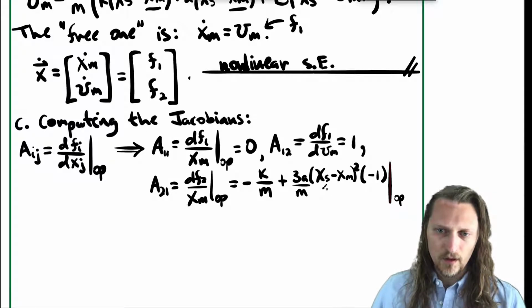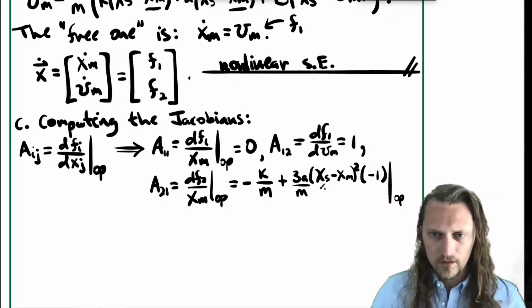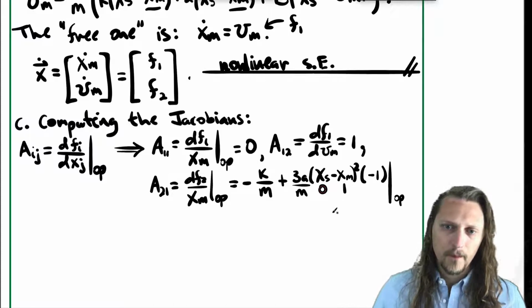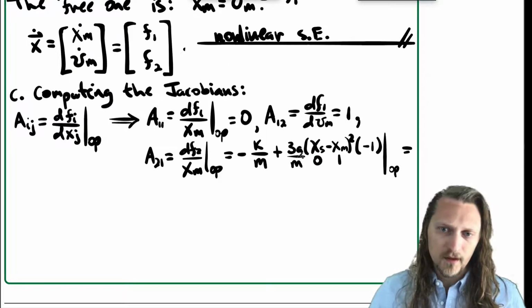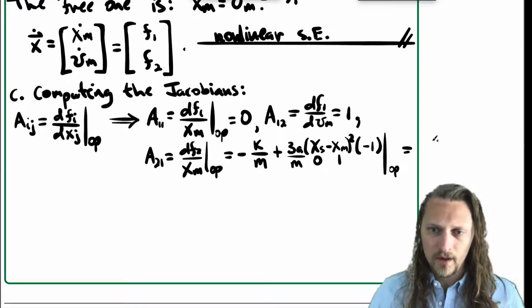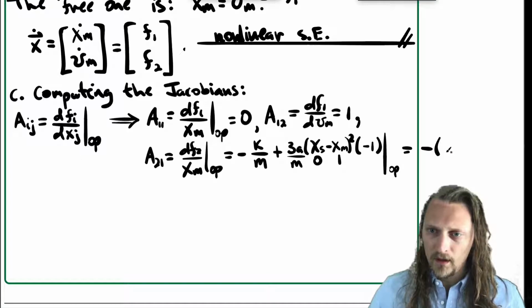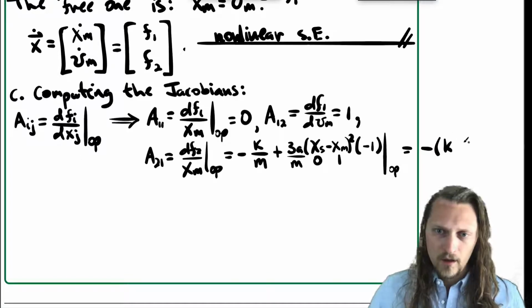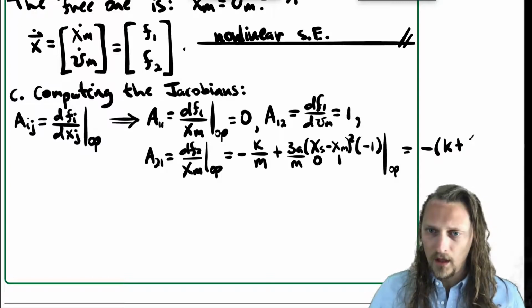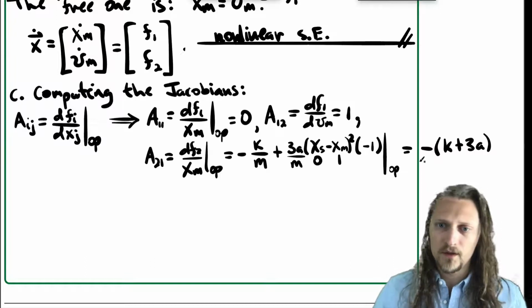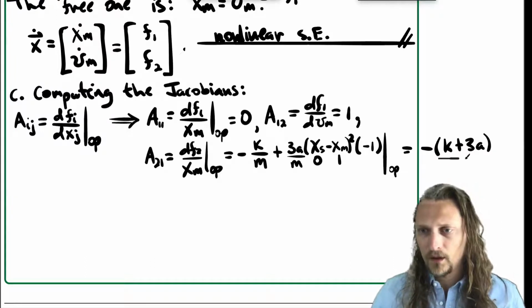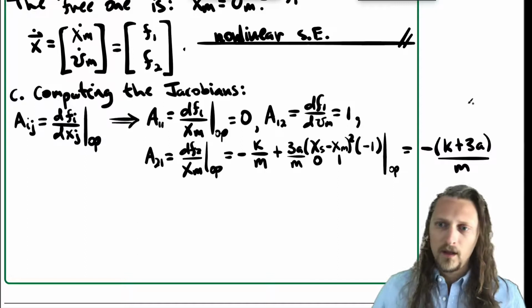So this is going to be 0, this will be 1, and the negative sign comes out. We have negative k plus 3a, since negative 1 squared is just 1, divided by m.